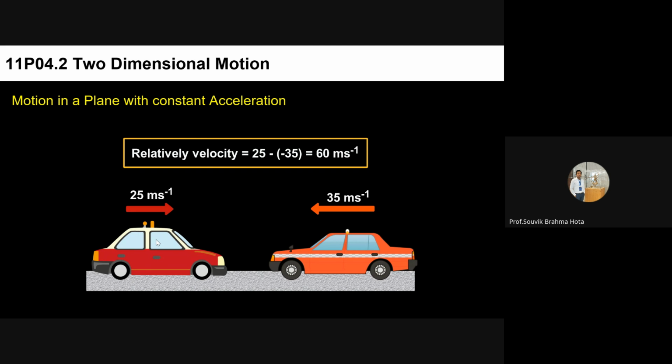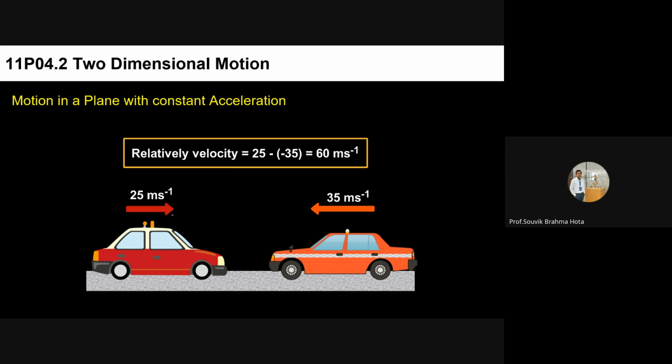Now you see one orange taxi and another red taxi. Both are approaching each other. The relative velocity between them would be 25 for the red taxi minus (minus 35). How? 25 minus (minus 35). How will this occur?